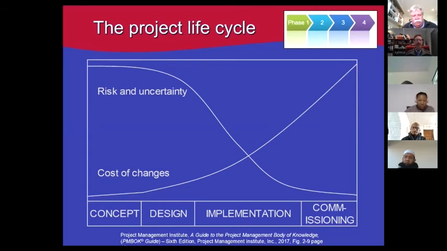As you progress through the life cycle, any changes you make to your original concept and design start to cost more and more, because you've already part spent and part committed on a lot of your implementation side of things. And as you come to commissioning, if you then decide to make changes, that's when you incur the most cost along the project life cycle.